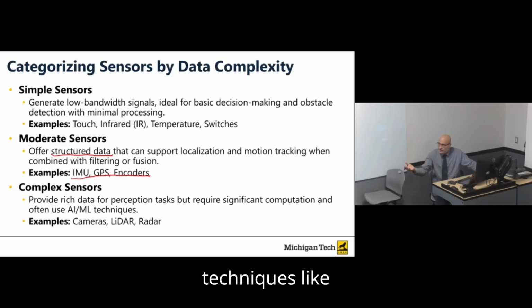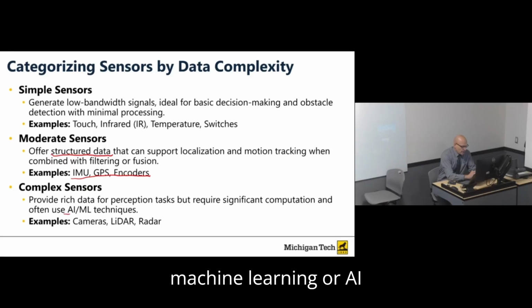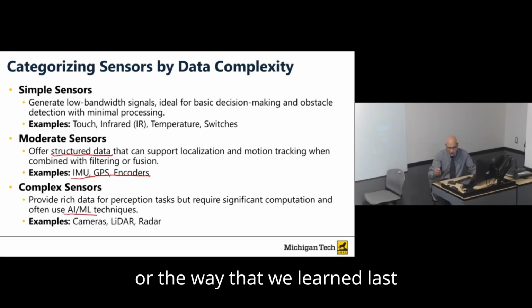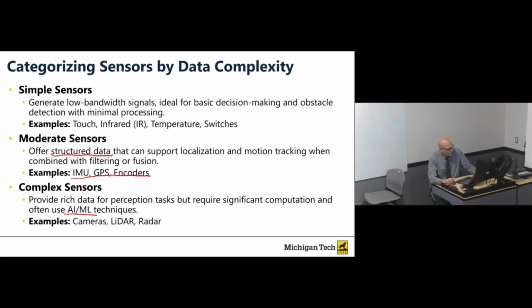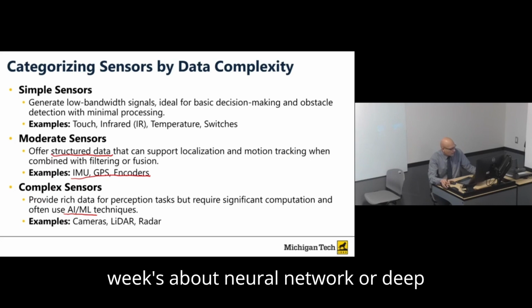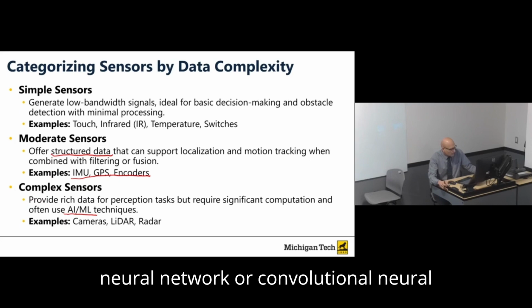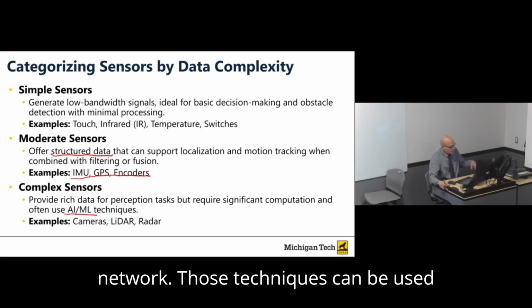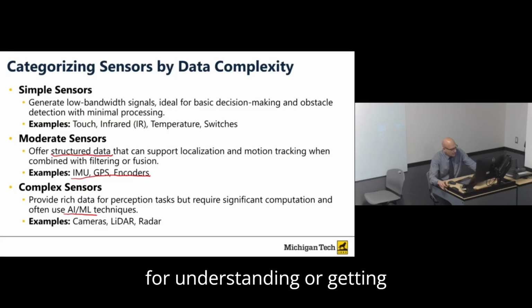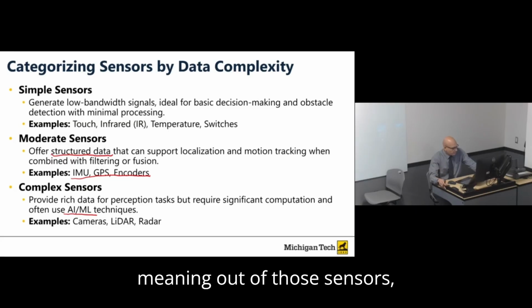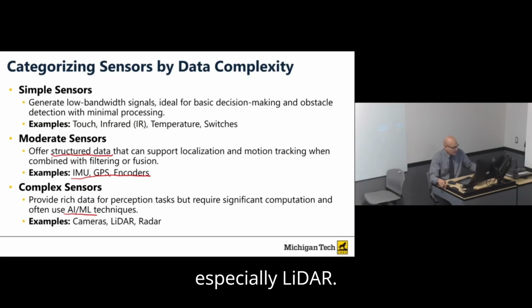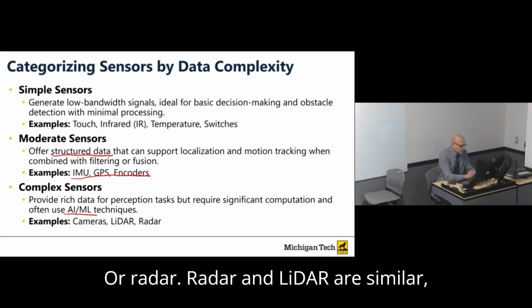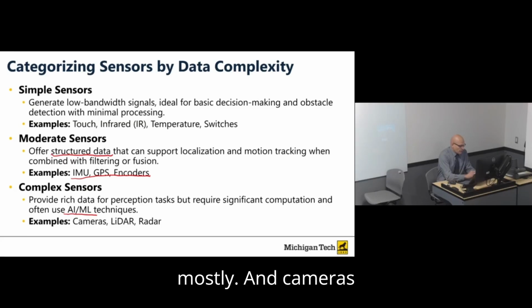You need techniques like machine learning or AI, or the ones we learned in previous weeks about neural networks, deep neural networks, or convolutional neural networks. Those techniques can be used for getting meaning out of those sensors, especially LIDAR or radar. Radar and LIDAR are mostly similar.